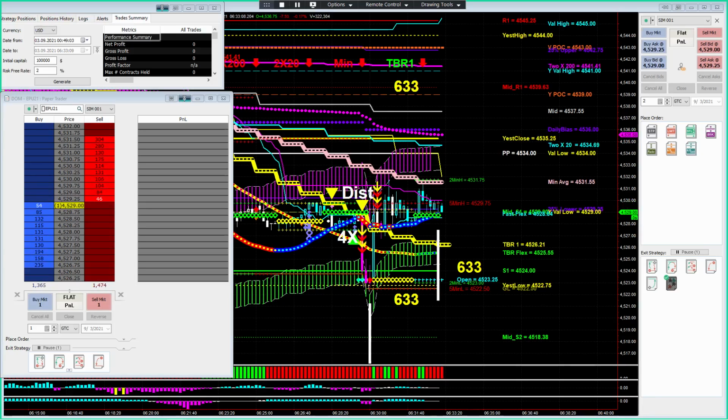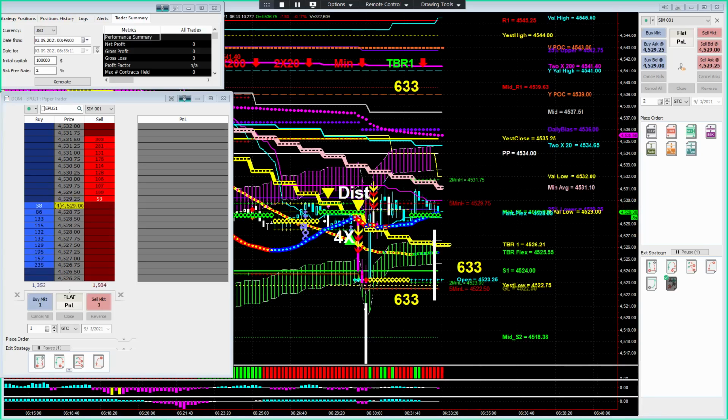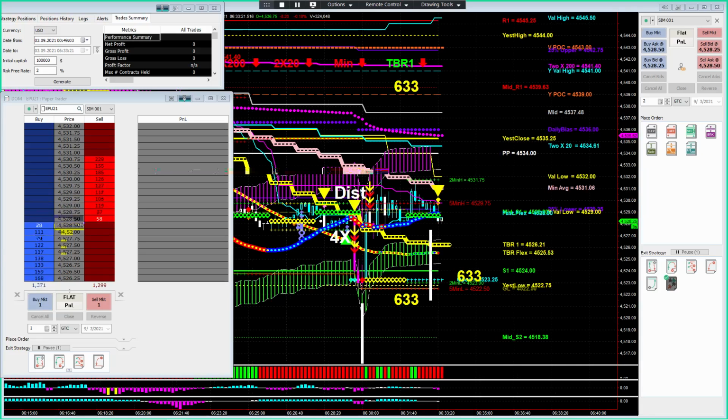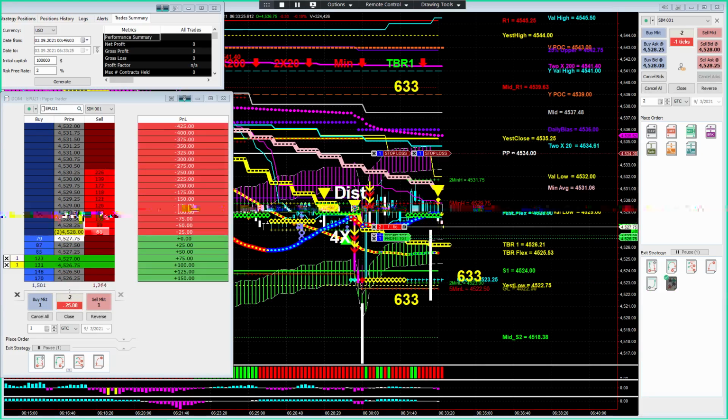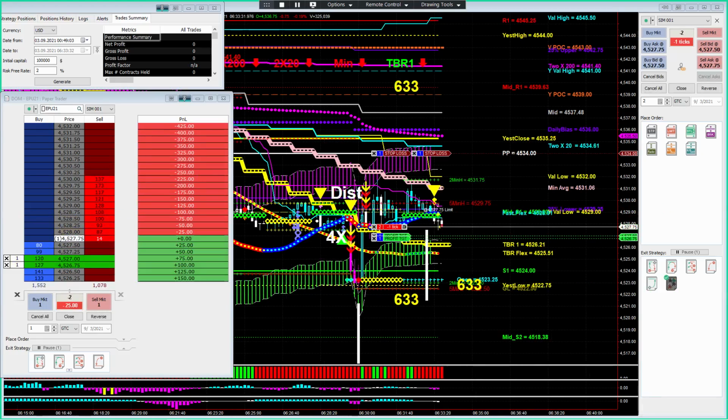It could go either way. Kind of depends on activity. So there's 633. We're still above the 632 bar. All right, I'm short 7 3/4, as you can see. Looking for a little bit more of a dip here.